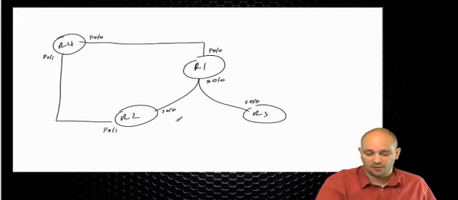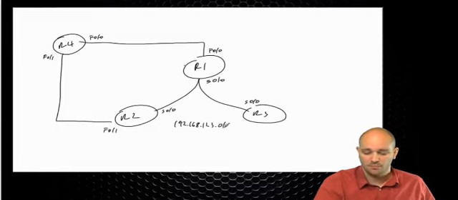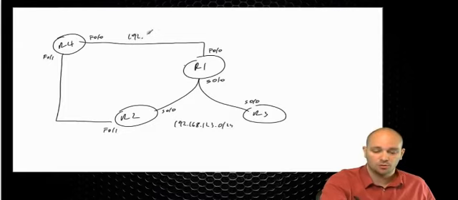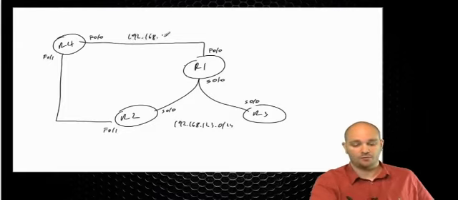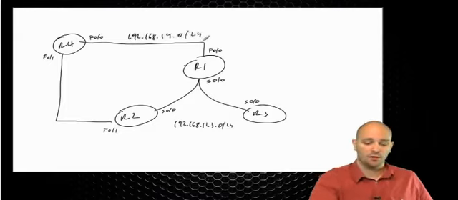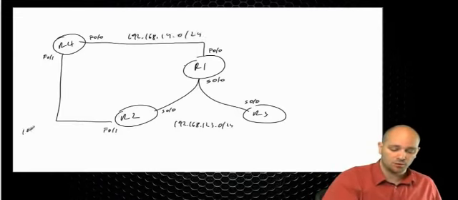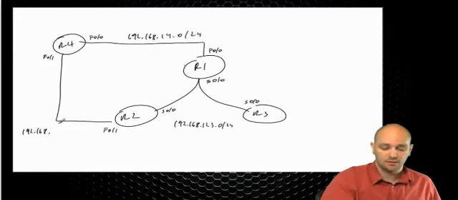And network here is 192.168.123.0/24. Here it's 192.168.14.0/24, and here it's 192.168.24.0/24.